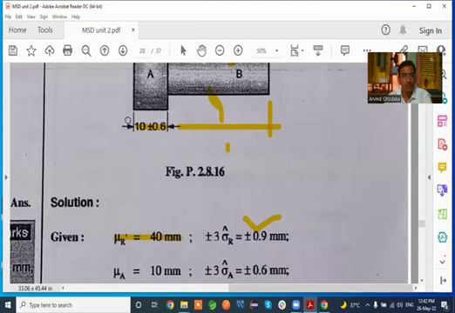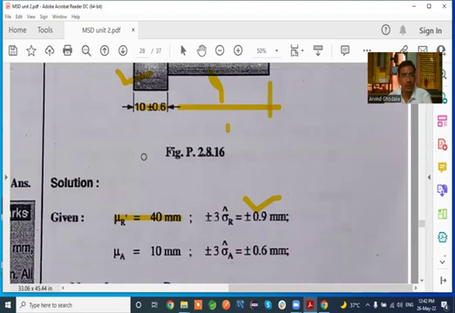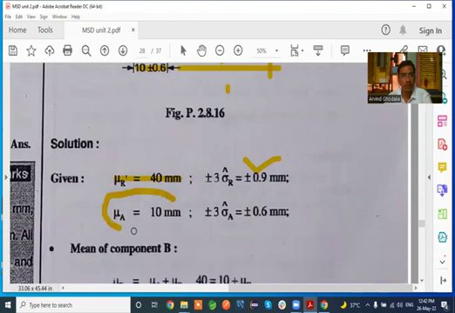Then the mean dimension for component A is 10 mm, and its standard deviation, plus minus 3 sigma cap, is given as plus minus 0.6 mm.